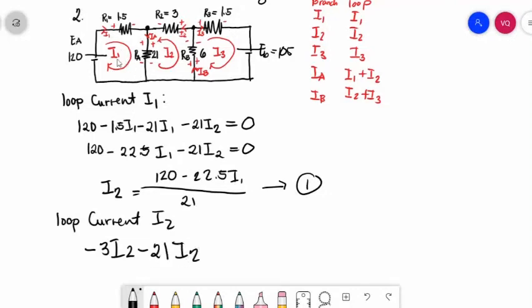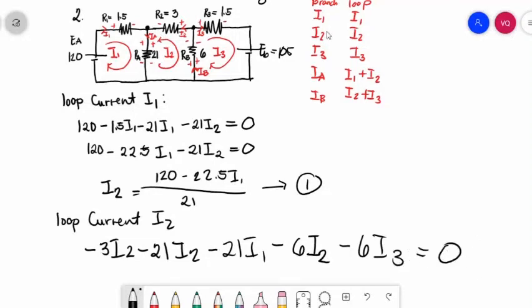And then your loop current I1 will be entering into the positive sign also of RA, so minus 21 I1. Loop current I2 entering into the positive sign of RB, so minus 6 I2. And also, loop current I3 entering to the positive sign of RB at this side. So that is equal to minus 6 I3 is equal to 0.